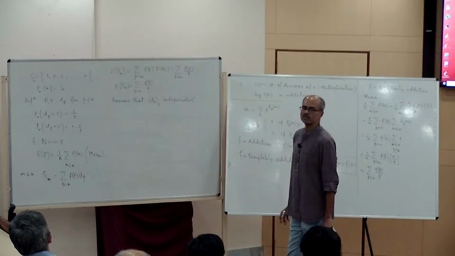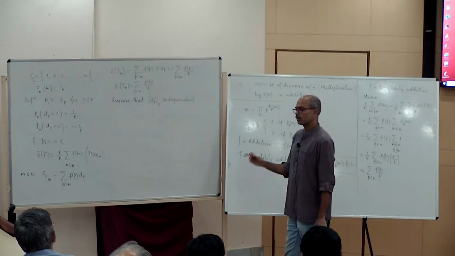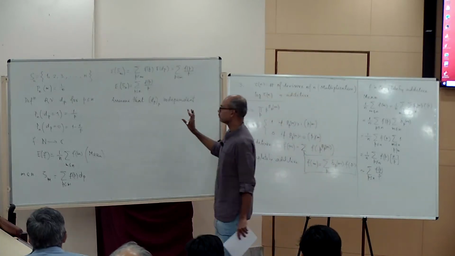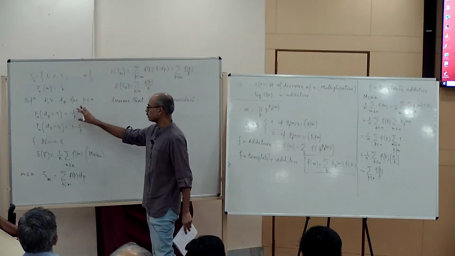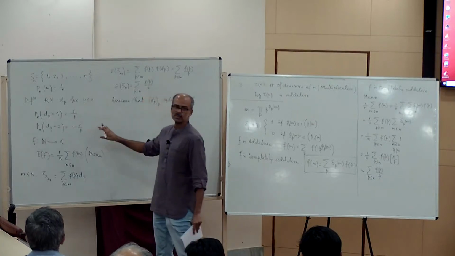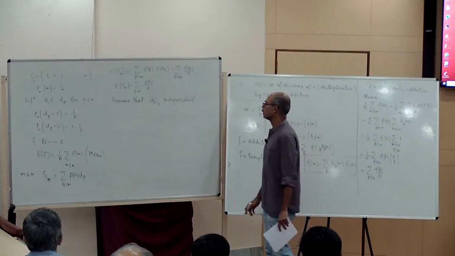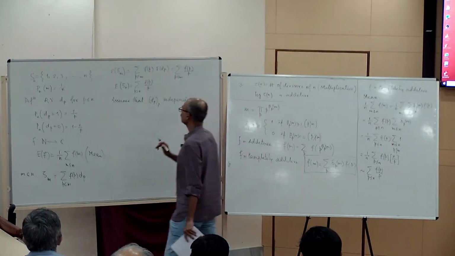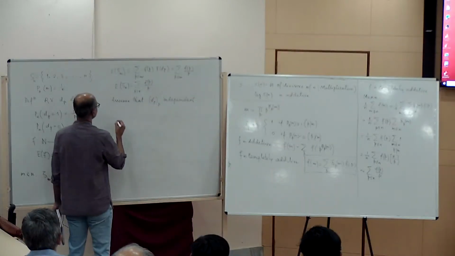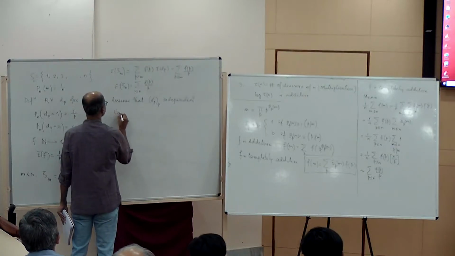These are a sequence of independent random variables, but they are not identically distributed, as you can see. The distribution changes with p. But we can assume them to be independent, and if they are independent, then you can calculate variance easily.